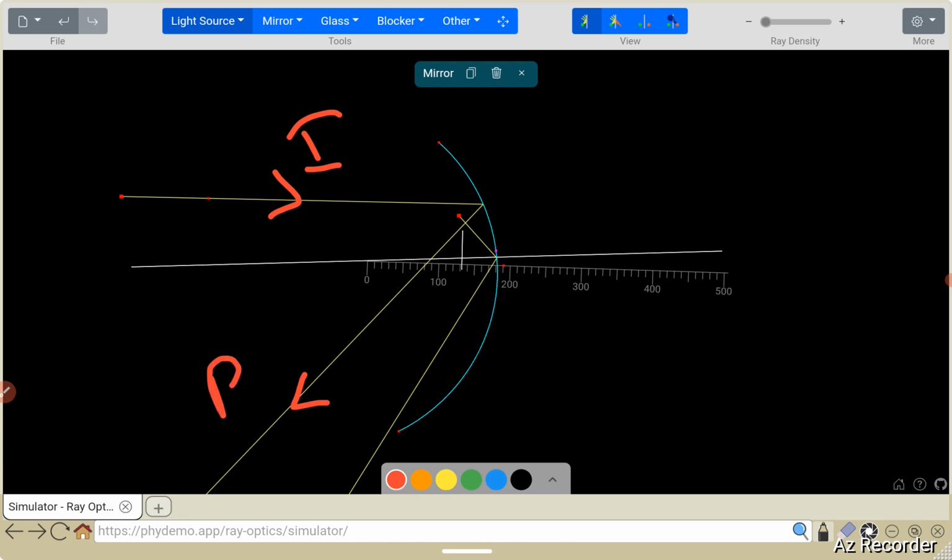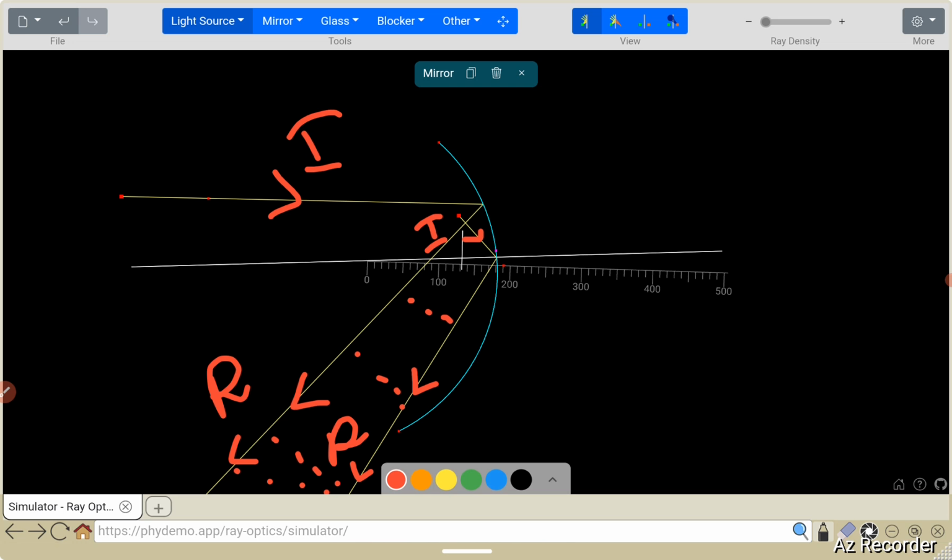So this is the reflected ray. Now this is the second incident ray and this is the second reflected ray. Now by seeing itself you can see they are not parallel, instead they are going in different directions so that they don't meet in reality. Can you see the distance is increasing? So if you extend them until infinity also, their distance will be increasing, so they will be separated.